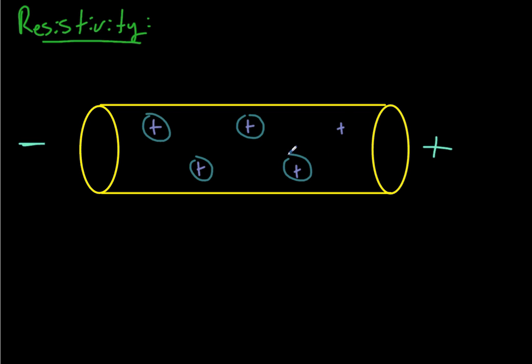But if you recall, with metals, you also have valence electrons, and there will be one or two or maybe even three valence electrons associated with each atom, but they don't necessarily belong to a particular atom. And this allows them to be mobile, right?